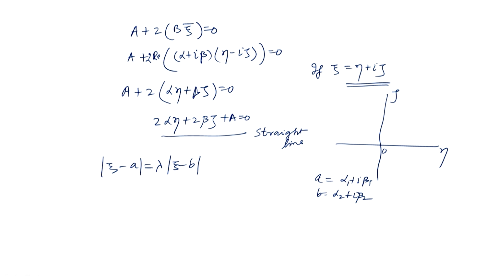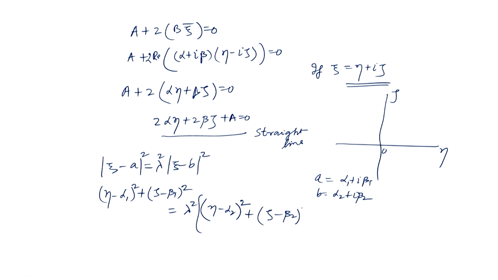Then mod of xi minus a equal to lambda times mod of xi minus b, let us square both sides. So, we get mod of xi minus a square, eta minus alpha 1 whole square plus zeta minus beta 1 whole square, equal to lambda square times eta minus alpha 2 whole square plus zeta minus beta 2 whole square.